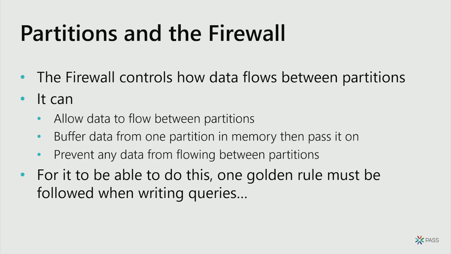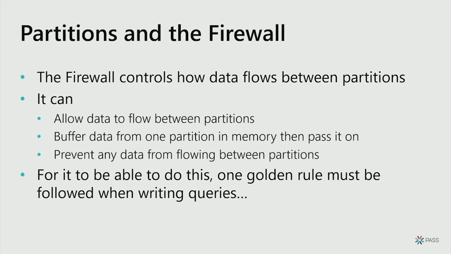It can either let the data go from one place to another, it can stop it completely, or it can buffer the data. And we've already seen examples of all of these things happening. We've seen queries working fine and query folding happening. We've seen queries working fine but buffering happening in memory. And we've seen queries that completely fail to run because you can't pass data from one data source to another.